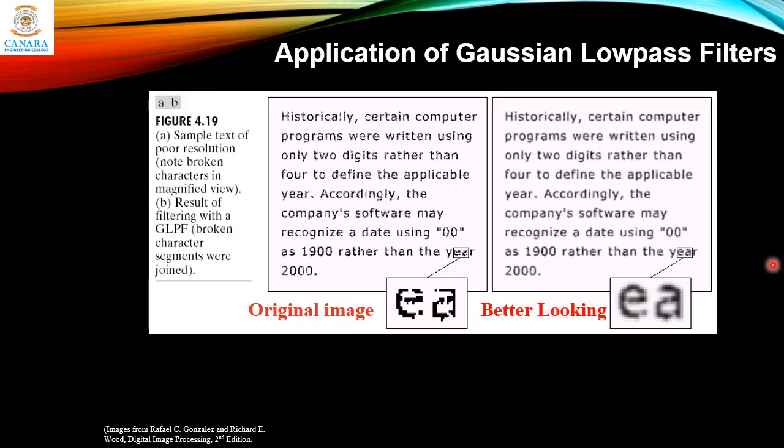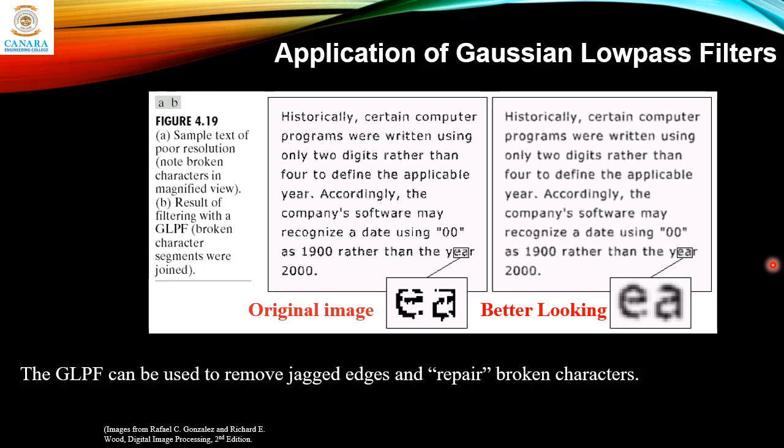The Gaussian low pass filter can be used to remove jagged edges and repair broken characters like this. In this example, you have the original image, and it has discontinuous edges, and the characters are broken basically. If you zoom into this part, this word year, the E and A, you can see they are not continuous.